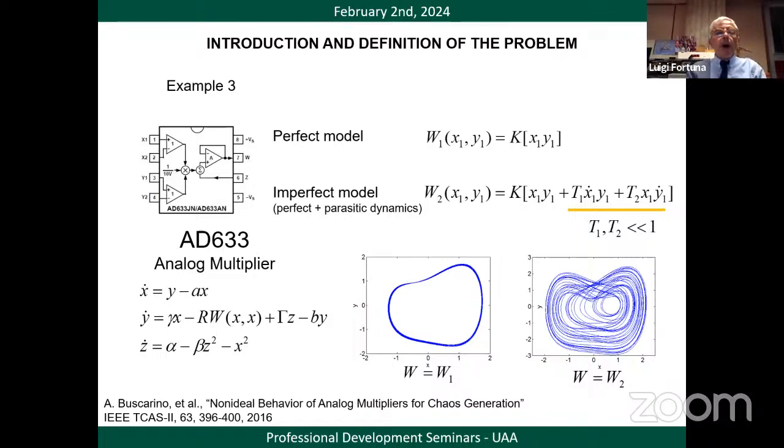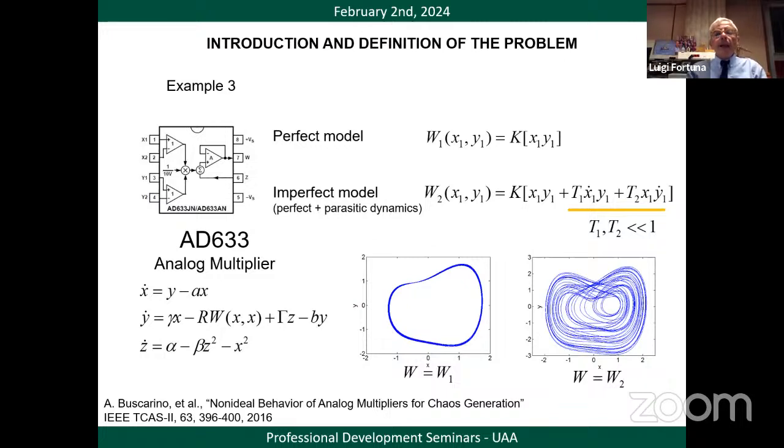This occurred in our lab. We used this integrated circuit, an analog multiplier. It is a circuit that makes the analog computation of the product of two quantities, x1 and x2. The perfect model says that the multiplication is done exactly.